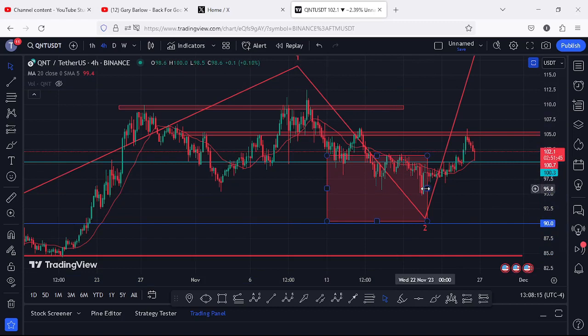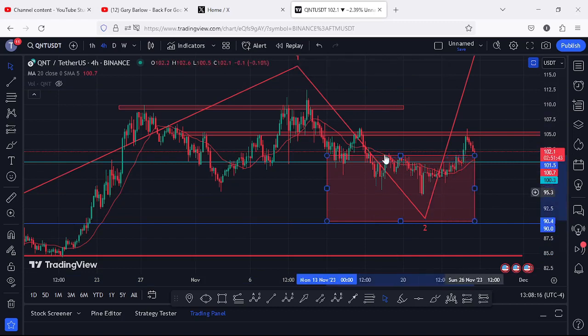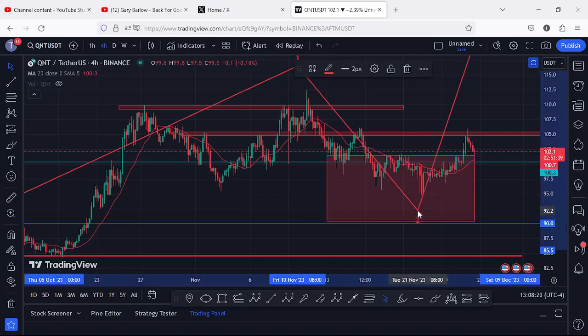And as you can see on the charts, we have seen a bit of a pullback into the area, and chances are we now have a low in place for the second wave.